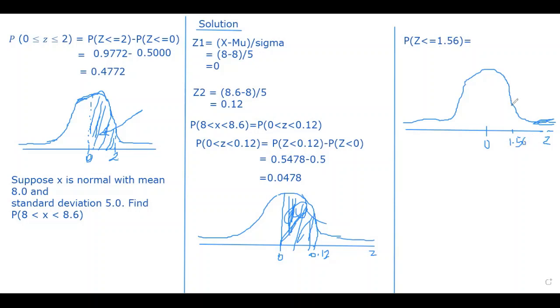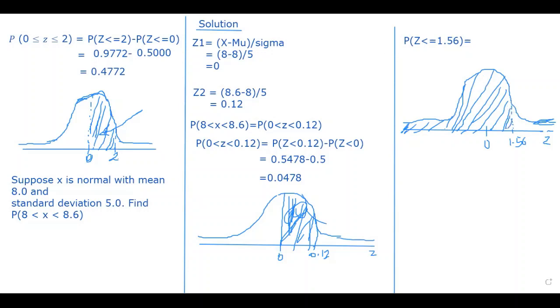So the boundary is this one. And we are saying it's less than or equal to 1.56. So it's from negative infinity up towards the number 1.56. So you shade towards the left tail of the curve. You get it?